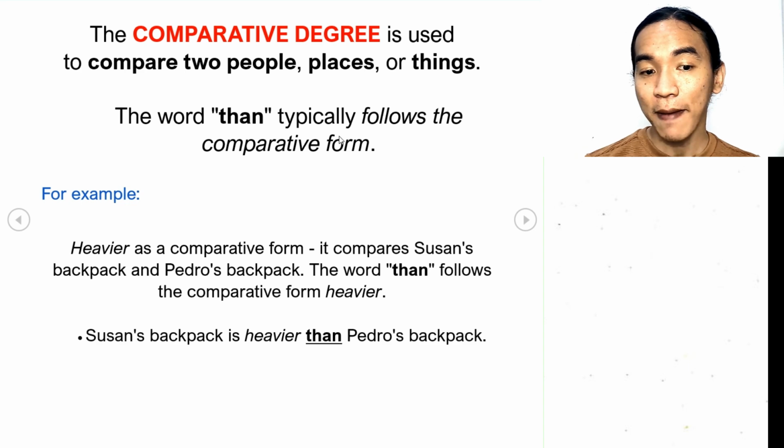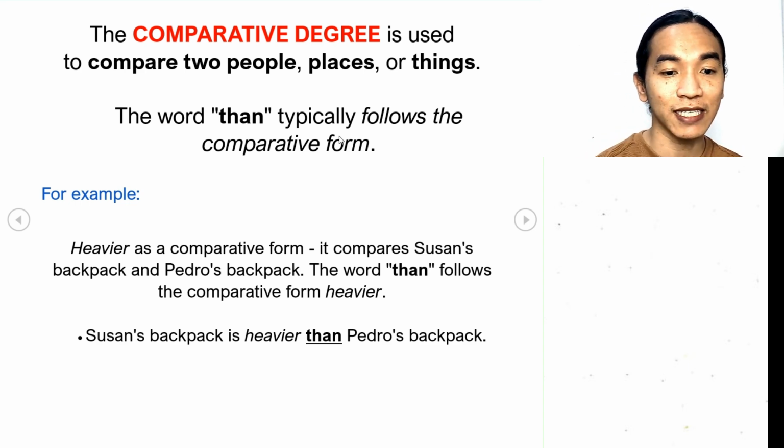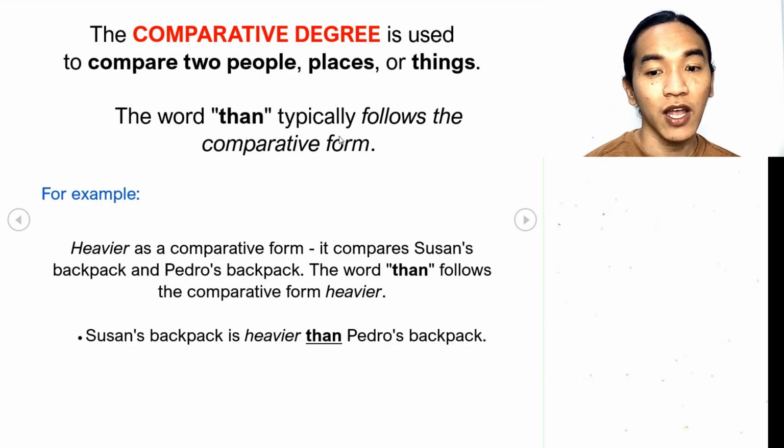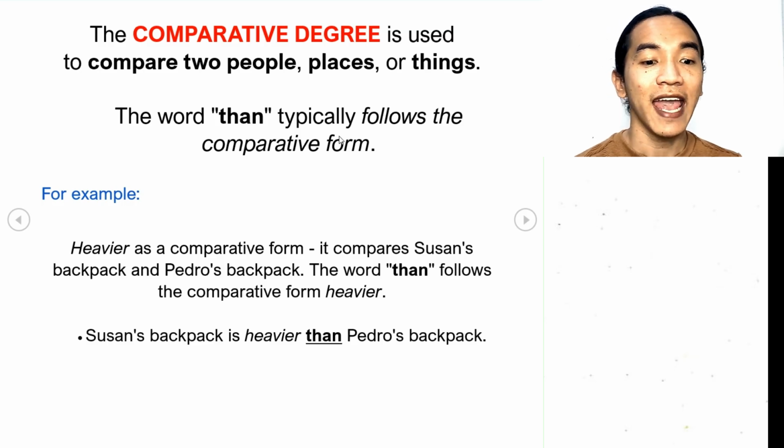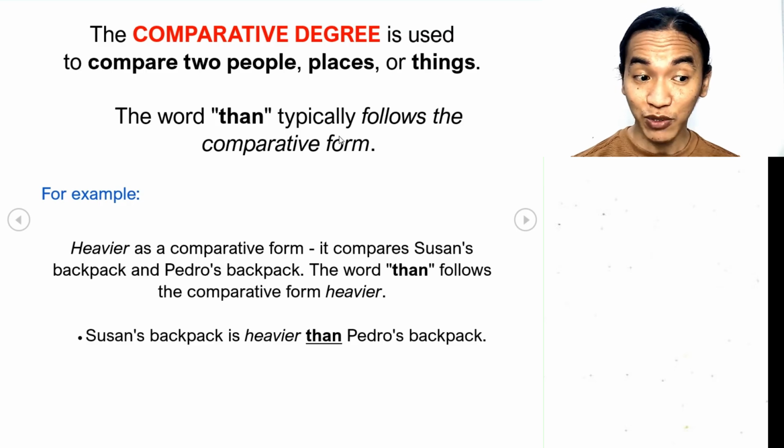For example, heavier as a comparative form compares Susan's backpack and Pedro's backpack. The word than follows the comparative form heavier. Example: Susan's backpack is heavier than Pedro's backpack.